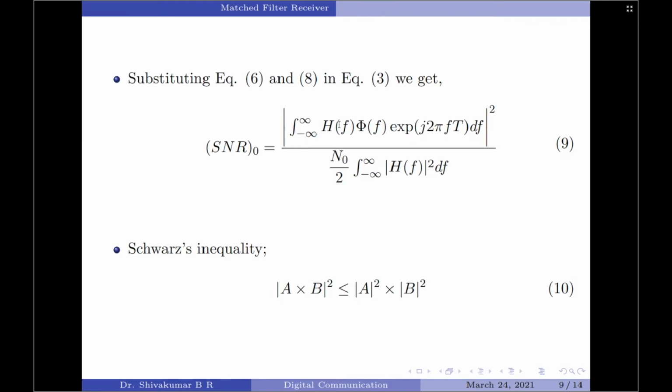Now, our problem is to find a form of the transfer function H of f of the linear filter considered that makes this SNR output a maximum, while making sure the Fourier transform of the input signal phi of t is fixed. This condition is also called the optimality criteria.